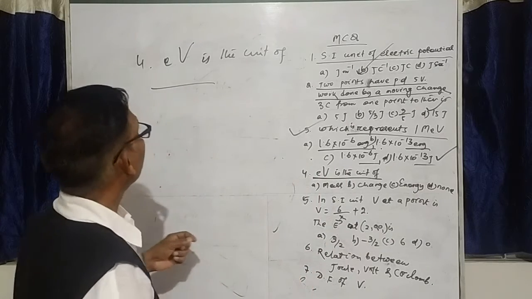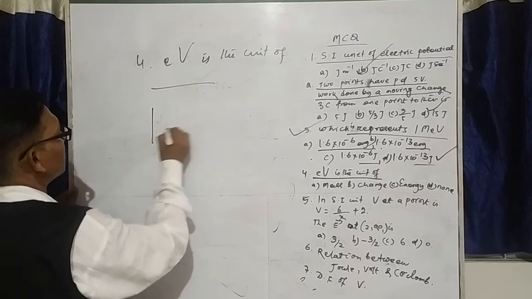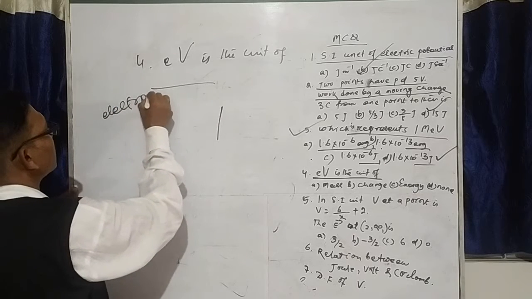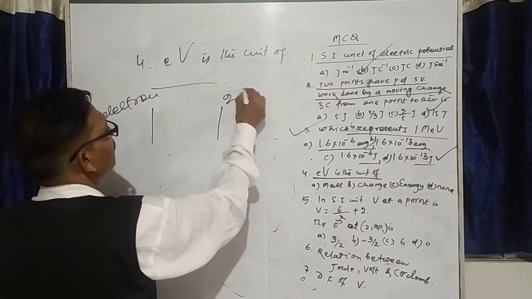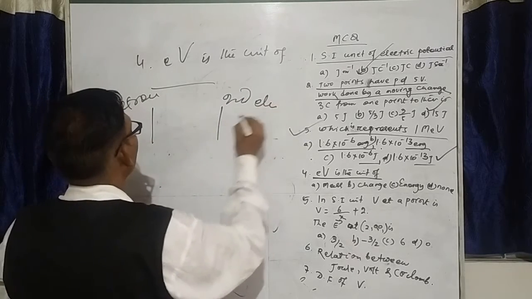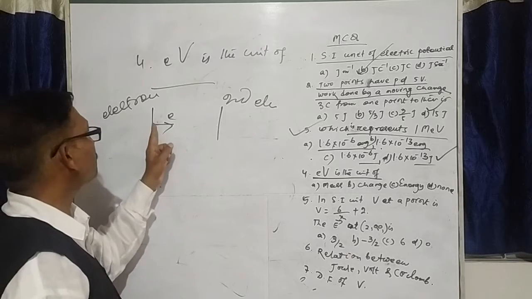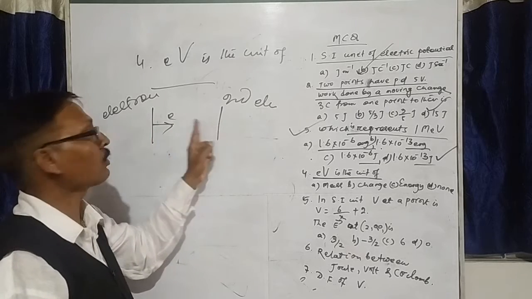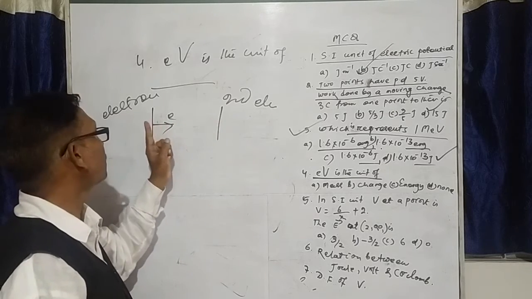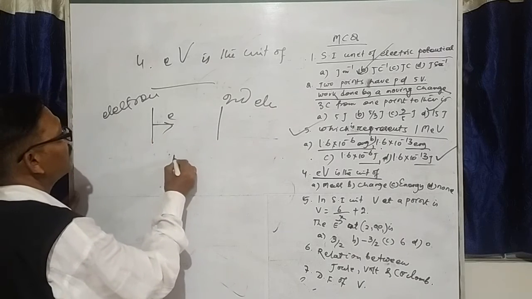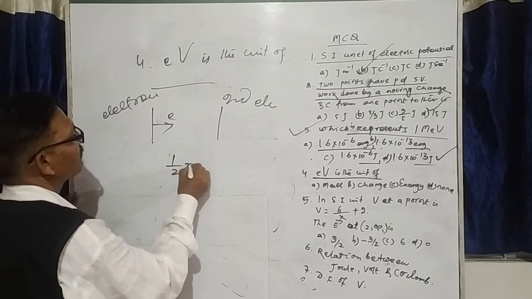So you know what an electron volt is. You see two terminals: this is the first electrode and this is the second electrode. When a charge, meaning an electron, moves from one electrode to the other, or from one battery terminal to the other, it gains energy equal to half mv square.